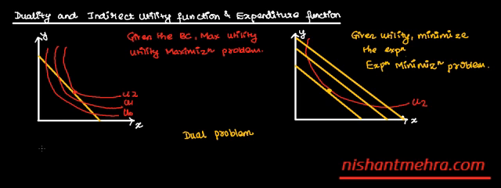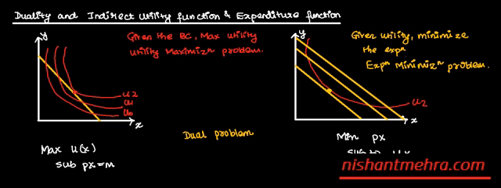So here what you do is you maximize U(x) subject to p·x equals M. What you do here is you minimize p·x subject to U(x) equals U bar.